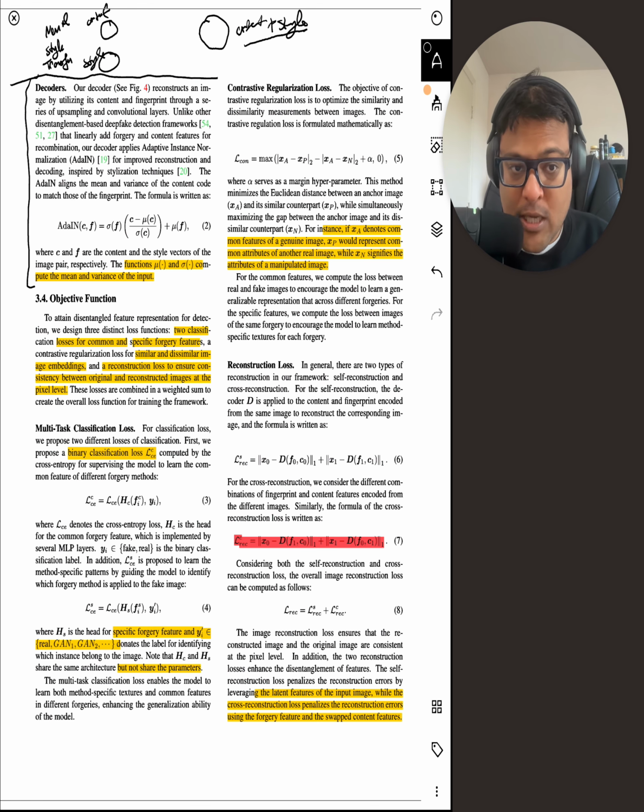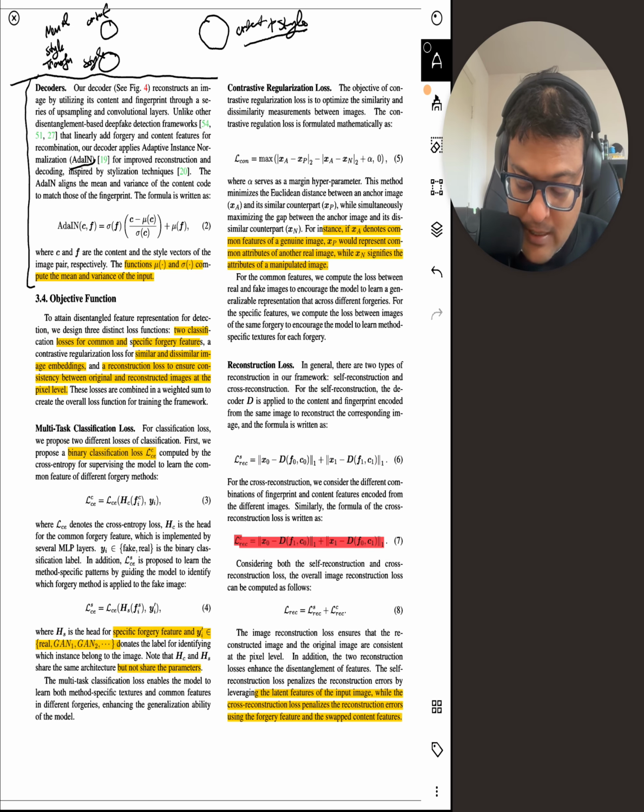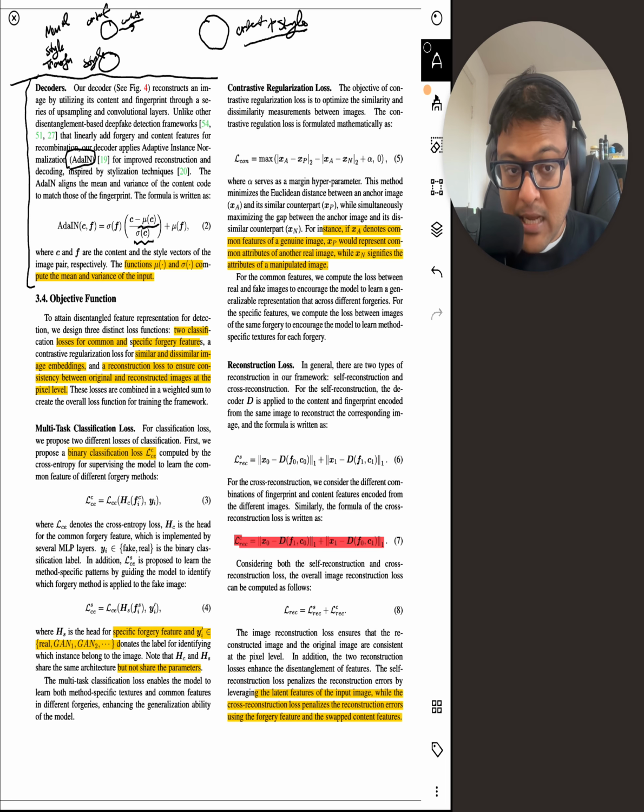There has already been work called adaptive instance normalization. What it does is take the content features as input, and it removes the content information from the image by calculating the mu and the sigma and normalizing it.